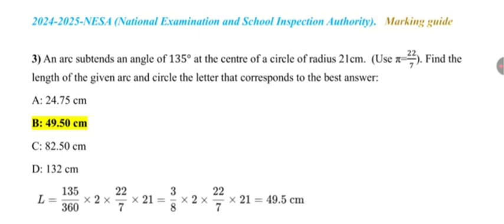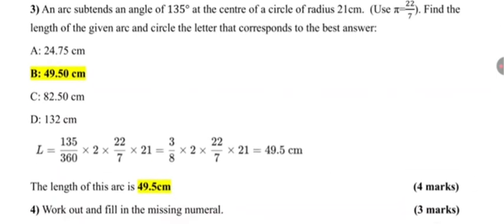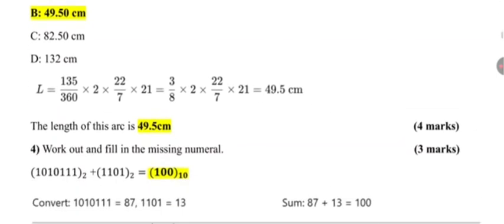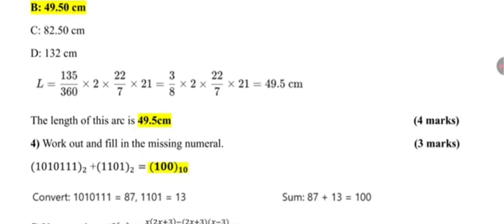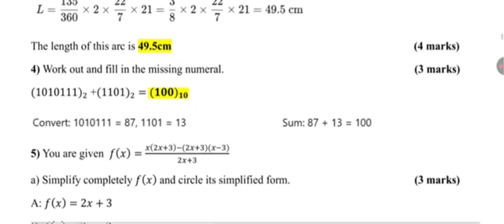Circle the letter that corresponds to the best answer. The length has to be 49.50 centimeters, and the proof of that answer is here: length equals 135/360 times 2 times 22/7 times 21, and you get the final answer. Number 4, fill in the missing number.